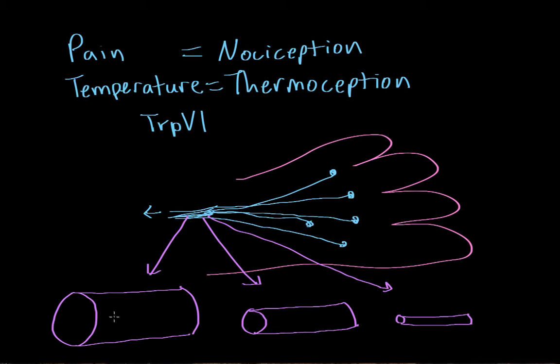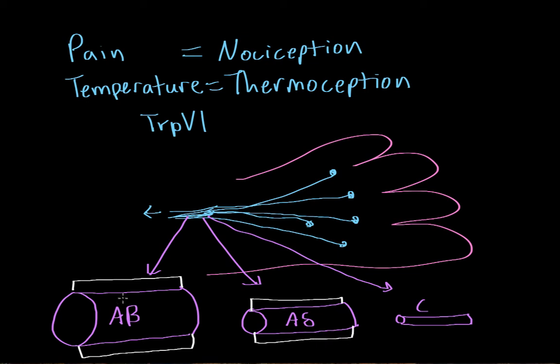These big fibers are known as A beta fibers. These medium fibers are known as A gamma fibers, and these tiny little fibers are known as C fibers. Apart from their size, there's one big difference that distinguishes the fibers, and that is the presence of myelin. The large A beta fibers have a whole lot of myelin, the A gamma fibers have a little bit of myelin, and the C fibers have no myelin.